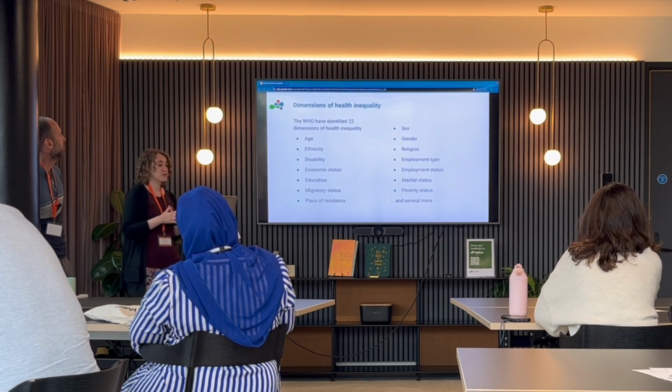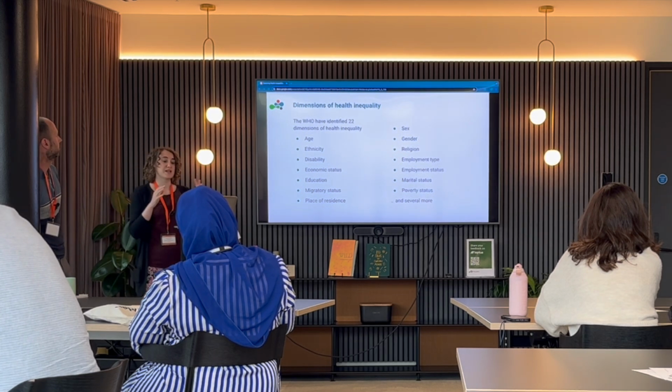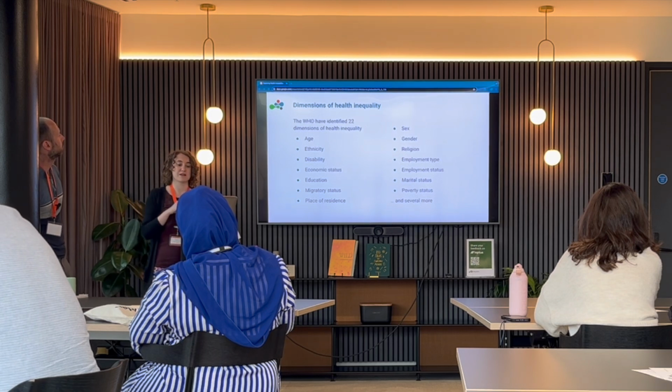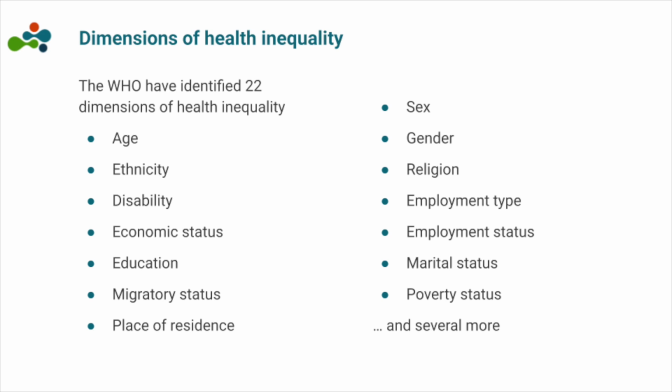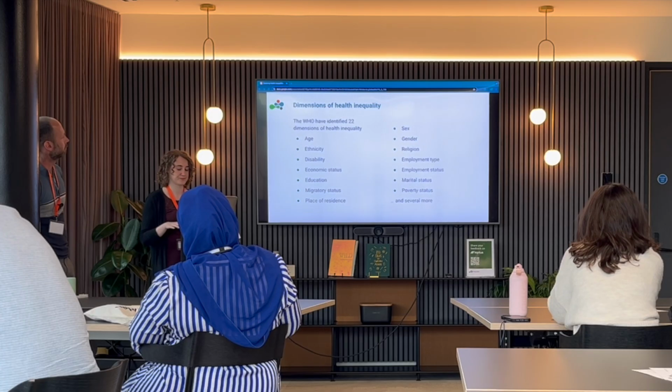So when thinking about the Core 20+ population and identifying which communities to target for improvement locally, the World Health Organization has defined 22 dimensions of health inequality, some of which are listed here. It got too big for the slide. So we're seeing things like age, ethnicity, disability, but also things relating to employment and poverty as well.